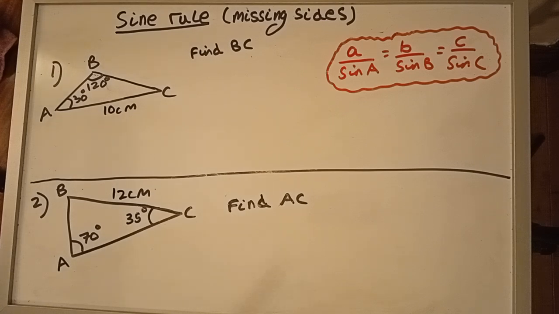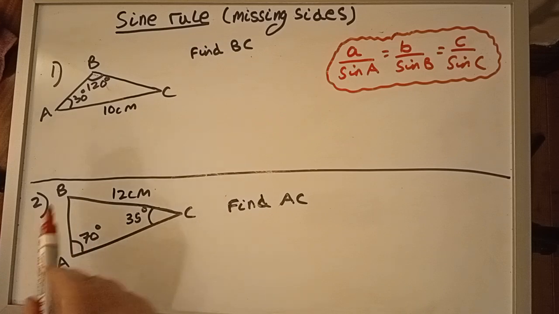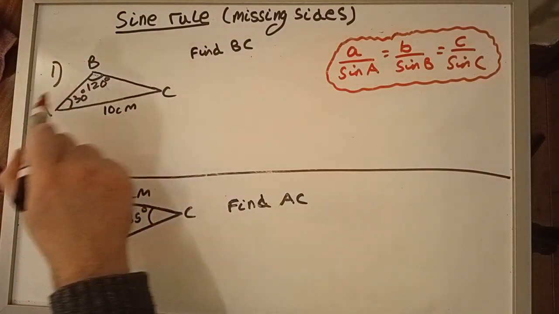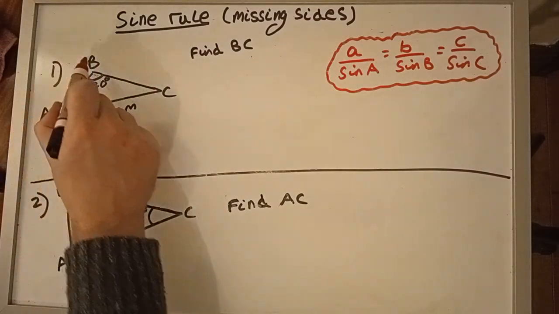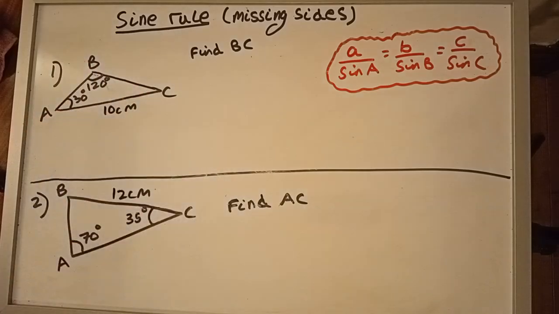Lovely. So if you feel like you already know how to do question 1, pause it and have a go. Otherwise, follow me along and do it as an example. So let's have a look. We've already got our triangle and our angles labelled with our capital letters. We haven't got our sides labelled, and this is how it works.